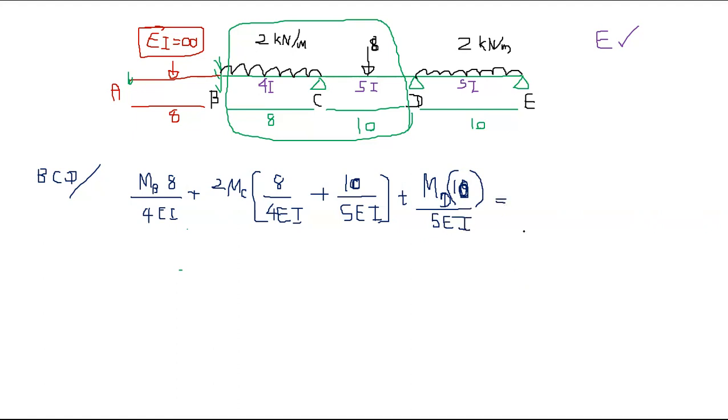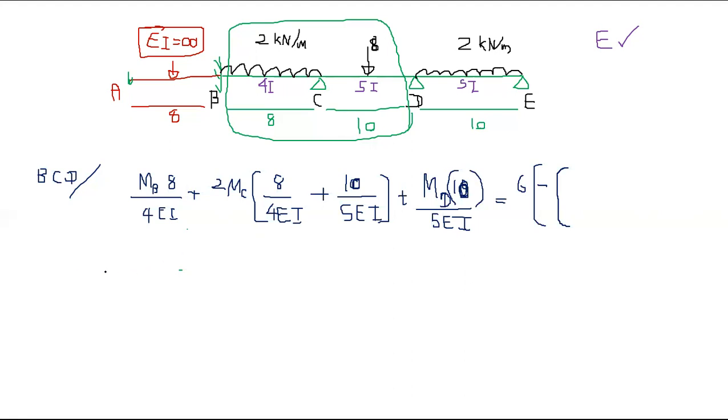Okay. So again, the settlement terms are 0. So you can straight away write the bending moment part, right? Negative. Again, these 2 are sagging, right? These 2 are sagging. So that's also negative, right?